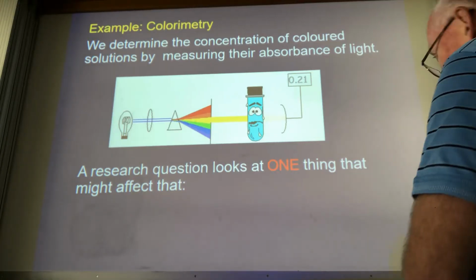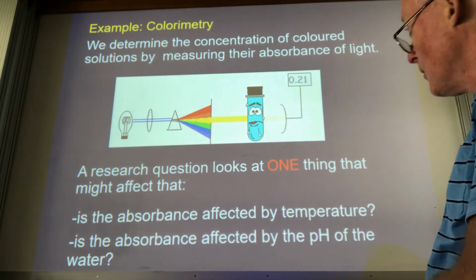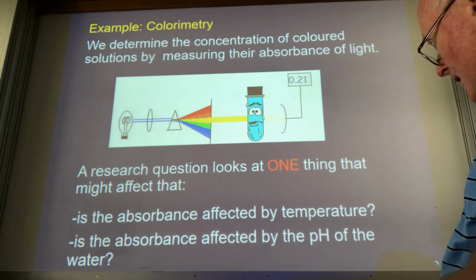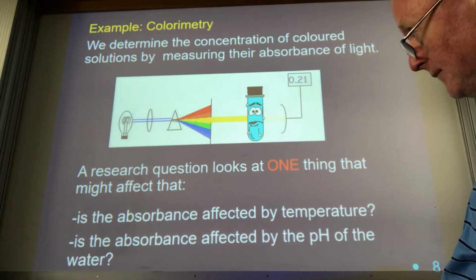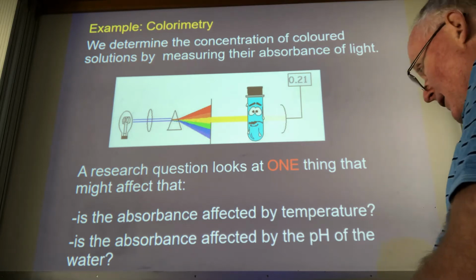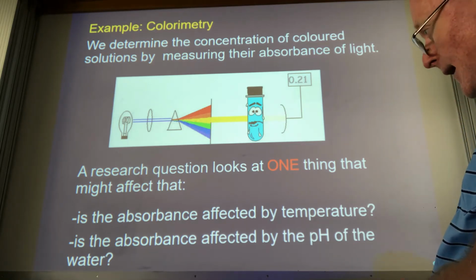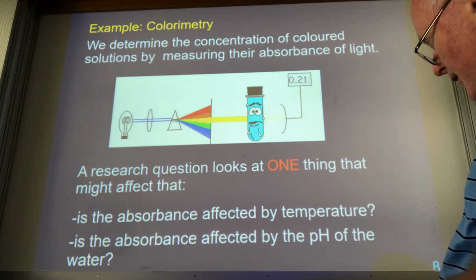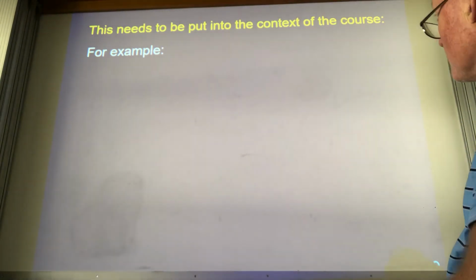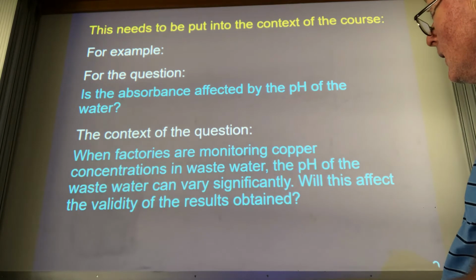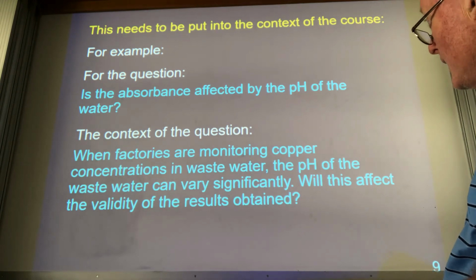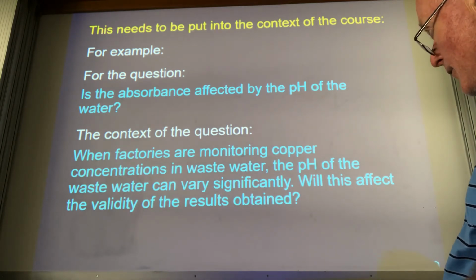So a couple of simple research questions might be: is the absorbance affected by temperature? Is the absorbance affected by pH? And so they're two quite valid research questions. Now, we need to put that in the context of the course.